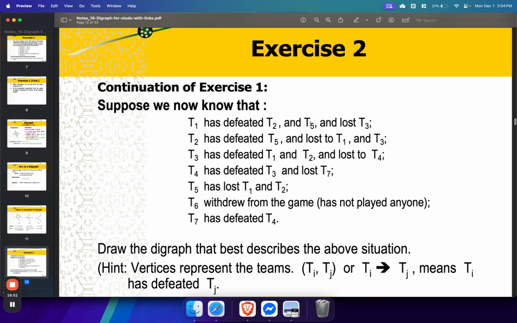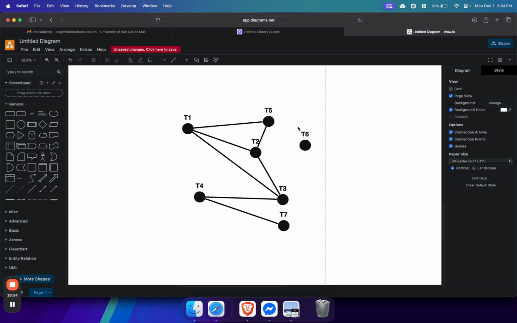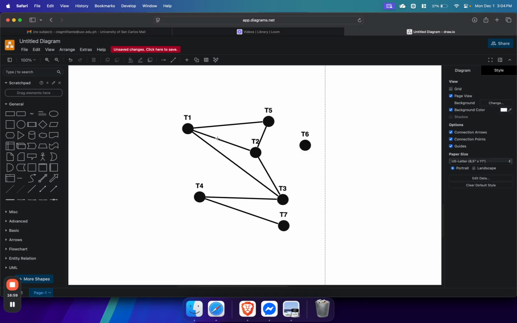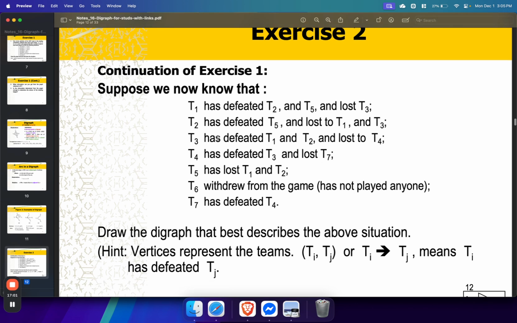So to continue this exercise, why don't we convert this specific problem into a digraph? So now that I know that T1 has defeated T2, T5, and lost to T3, we can update our graph to describe the above situation, such that in teams TI and TJ, if TI points to TJ, that just means that TI defeats TJ.